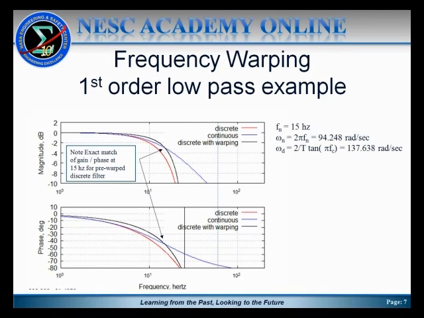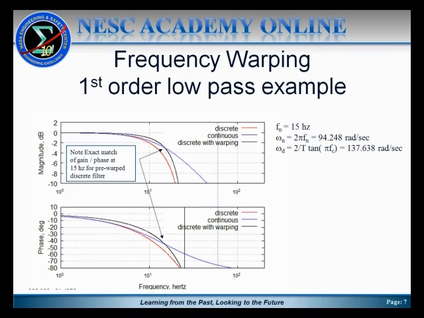And the black line is a discrete filter where we've pre-warped the corner frequency omega n by the technique shown 2 slides ago. So again, just to recap the constants in here, the natural frequency of the filter is 15 Hertz. So omega n, as we described a couple of charts earlier, is 2 pi times f sub n, or 94.248 radians per second.